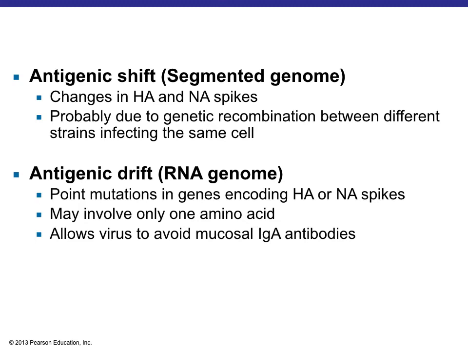The second one is antigenic drift. This occurs naturally from year to year, where you have the accumulation of point mutations in the genes that encode hemagglutinin or neuraminidase spikes. If such mutations occur, it may lead to changes in amino acids, sometimes only just one amino acid, and can allow the virus to avoid previously made mucosal IgA antibodies.